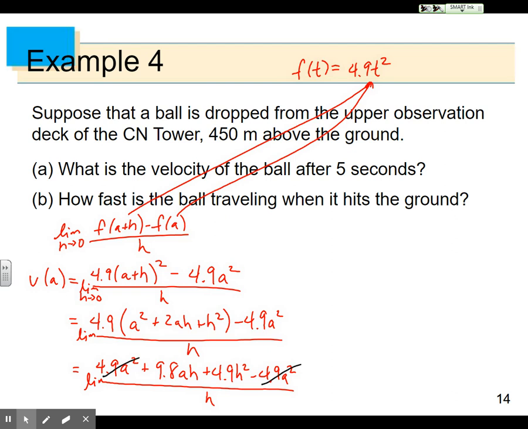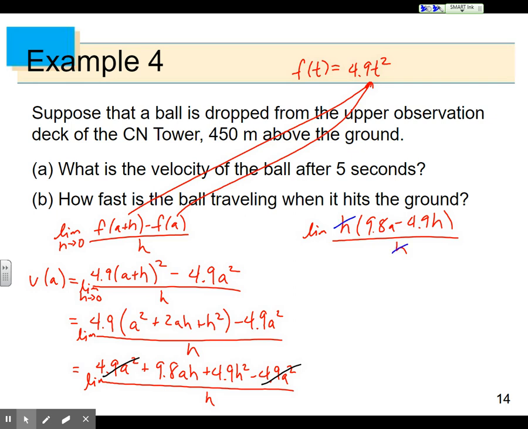I got my 4.9 a squareds to cancel, and as you can see, everything that's left has an h in it. So I've got h times (9.8 plus 4.9 h), and that's all over h.